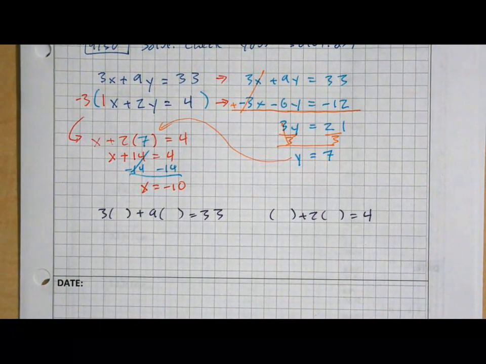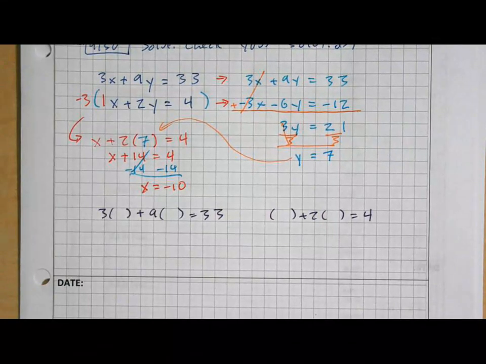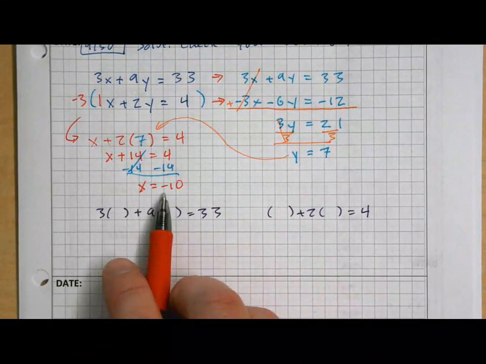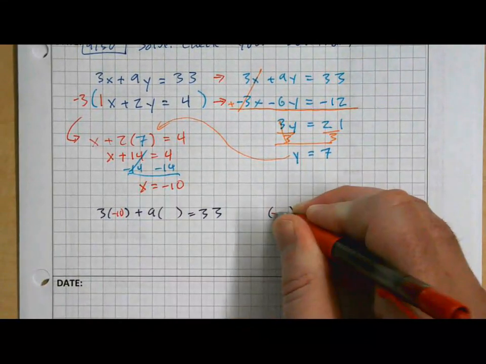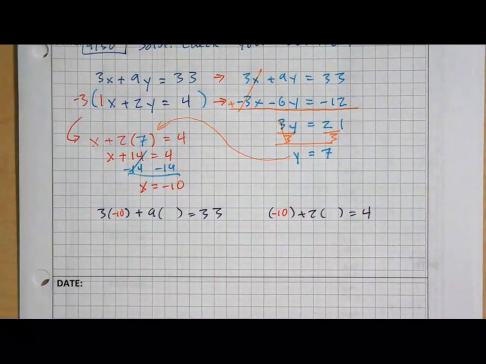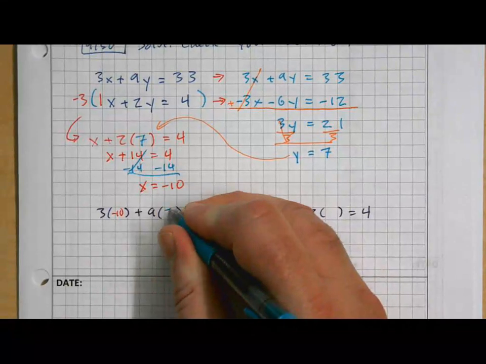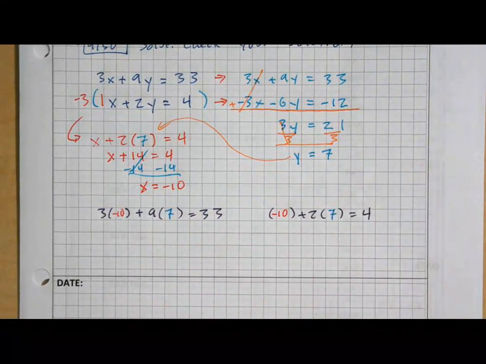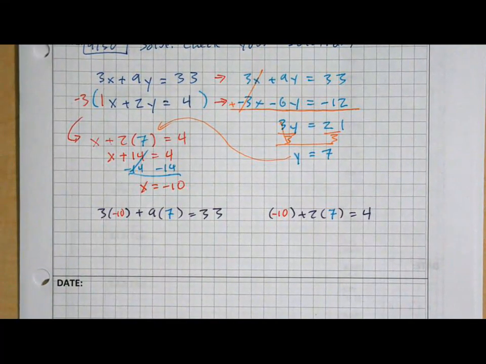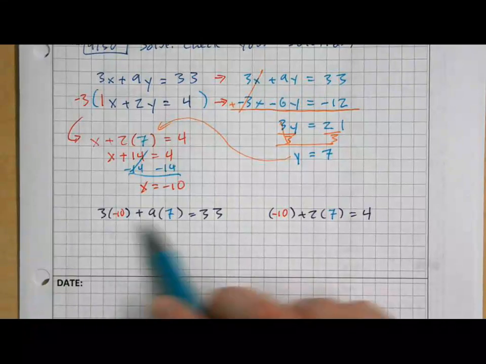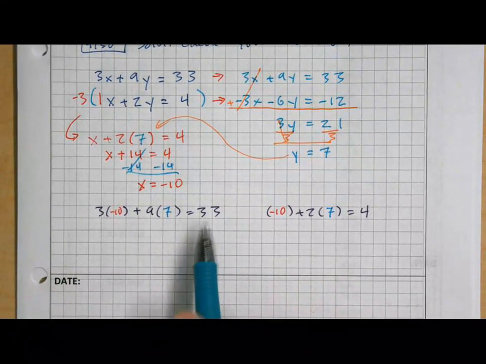I'm going to try your suggestion here. So my x was red, so I'm going to fill in where all the x's were with negative 10. And I'll put my y's in blue. We'll make them 7s. And we'll see if this works out. We should be able to simplify this side, and it should end up being the same as this over here. So let's see if it works.